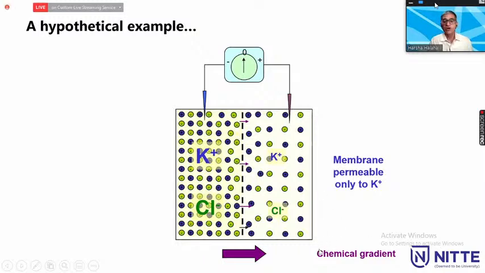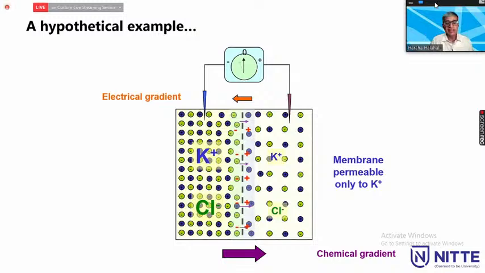The chemical gradient drives ions across this membrane, so you have more positive charges on the right side and more negative charges on the left side. Charge separation occurs, and therefore you see a recorded potential difference.